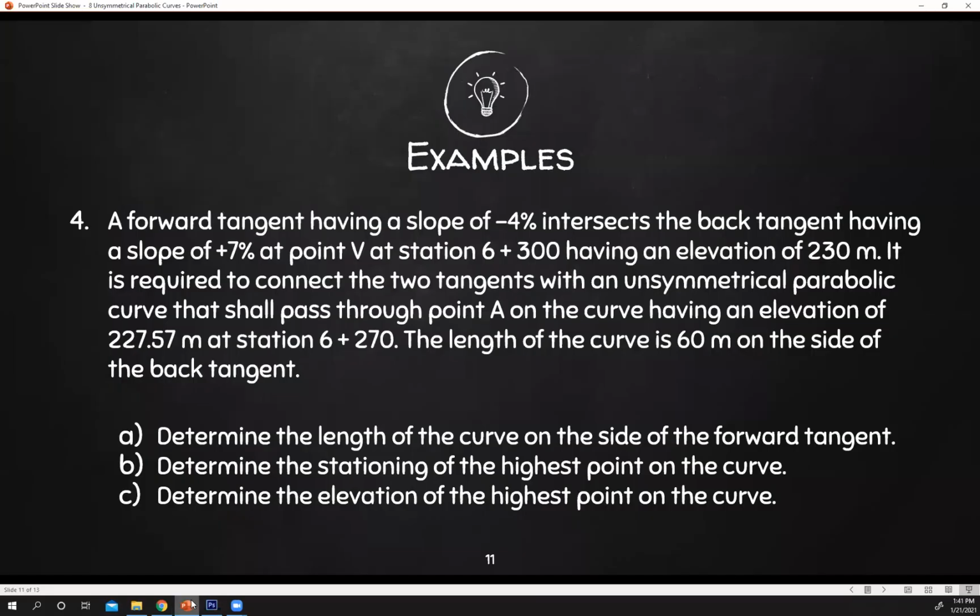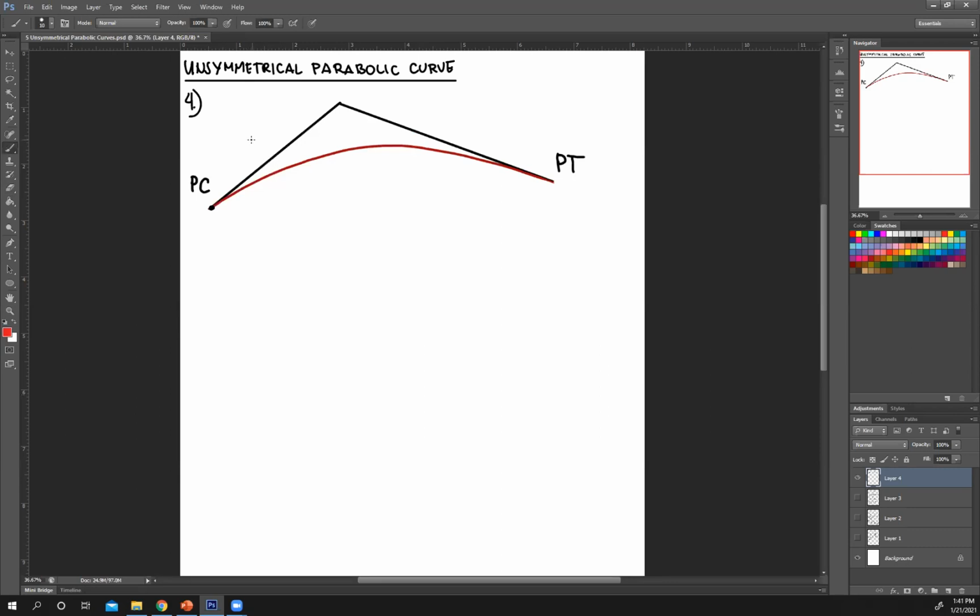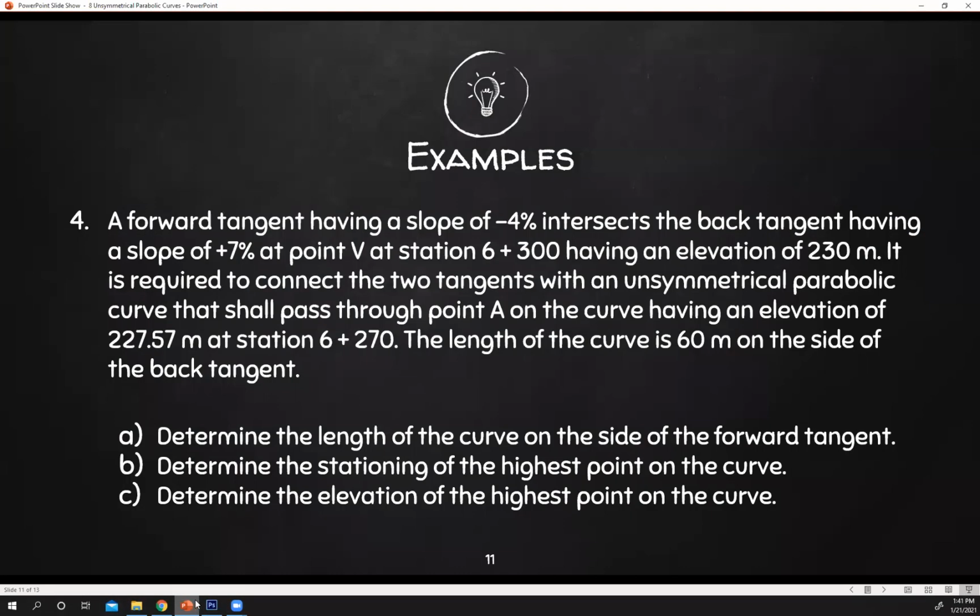So slopes, 7 and 4. Then station V is 6 plus 300 and elevation 230.